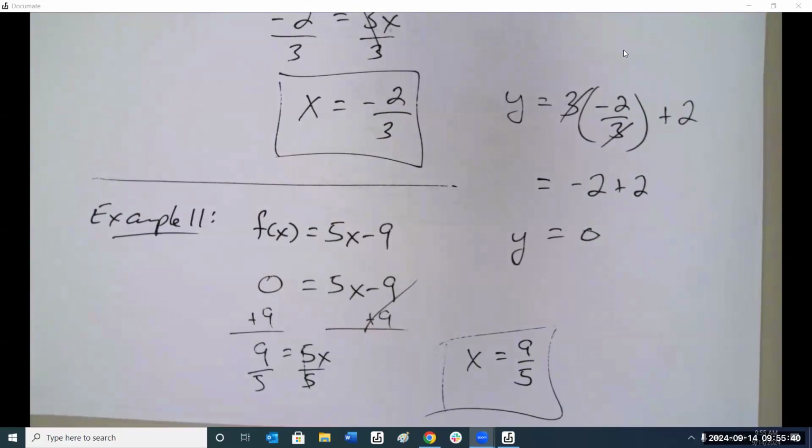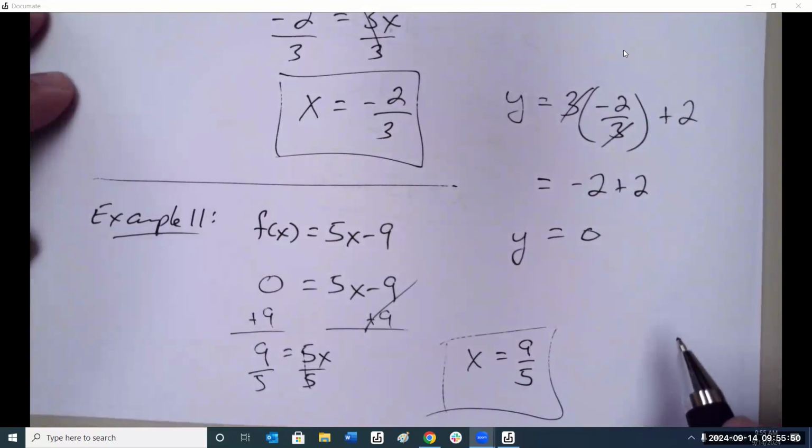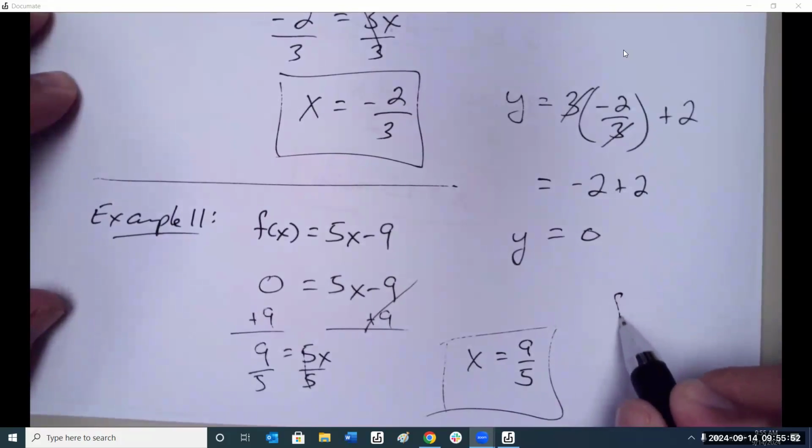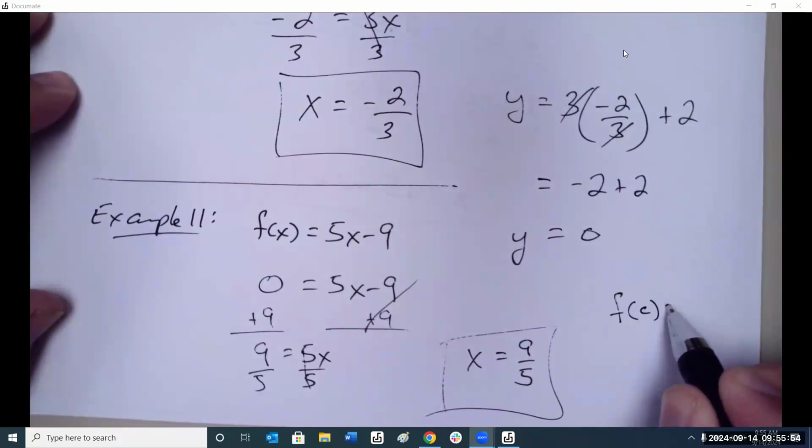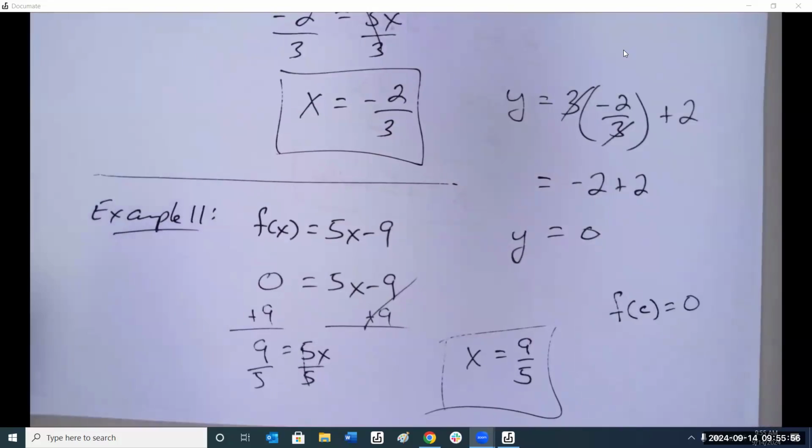That's my 0. The way it's defined, a 0 is any c value that makes it 0.